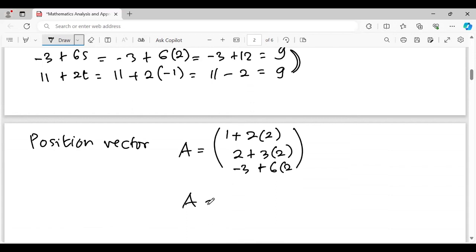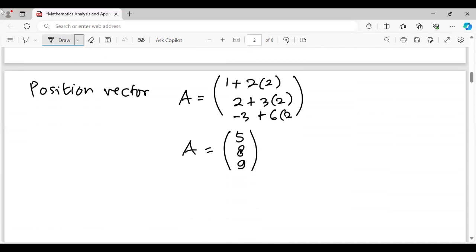So the position vector A is (5, 8, 9). Next, B.